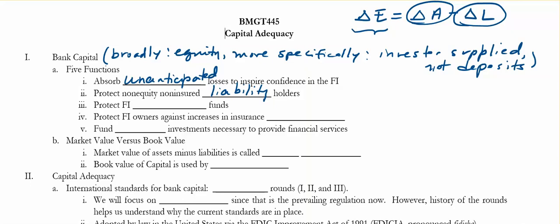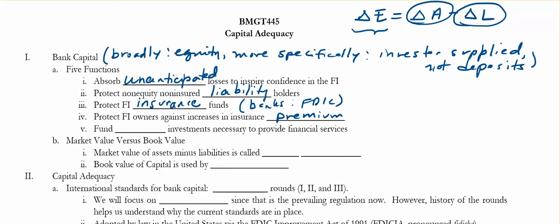It protects the insurance fund of the financial institution. So for banks, this is the FDIC. And it protects the financial institution owners against insurance premiums. So the Federal Deposit Insurance Corporation levies a premium on banks for its insurance of deposits.